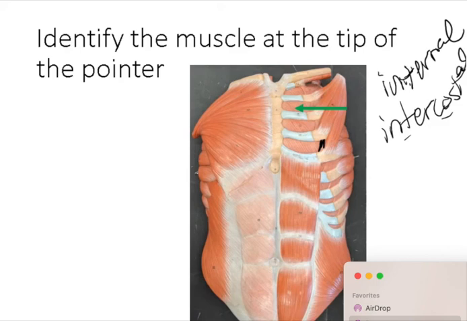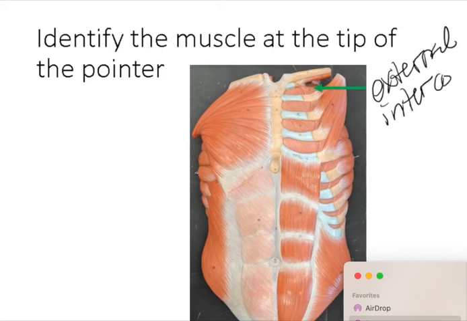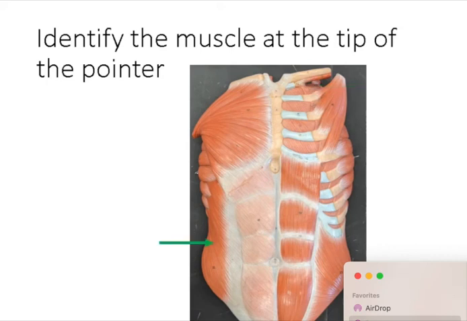So those other ones are the external. Those others that we were just pointing to were the internal intercostals, more towards the front. The external are still between the ribs, but a little bit further back. External intercostals.